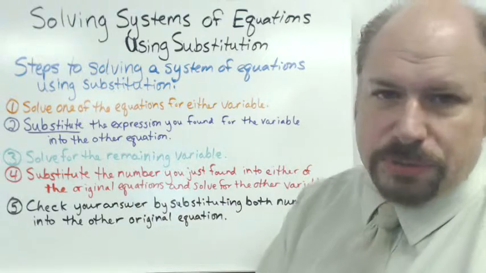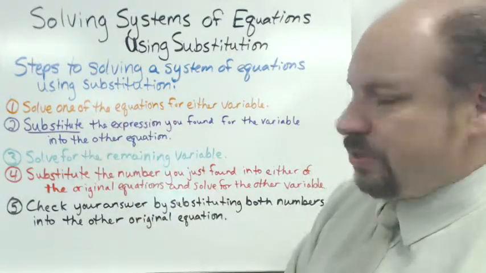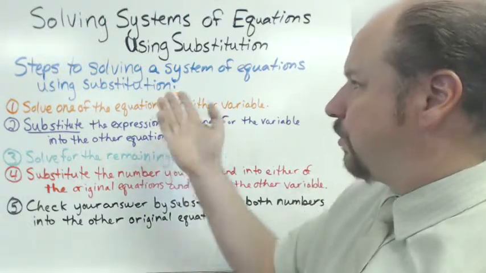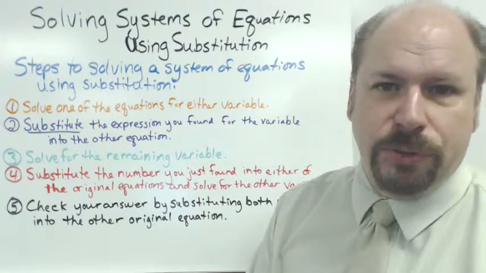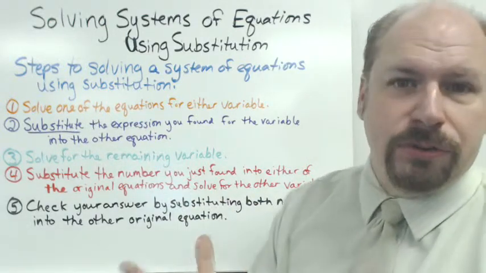So first, let's start out with some steps. I thought it might be helpful to list out some steps you could follow for solving using substitution. The first thing we want to do is solve one of the equations for either variable.